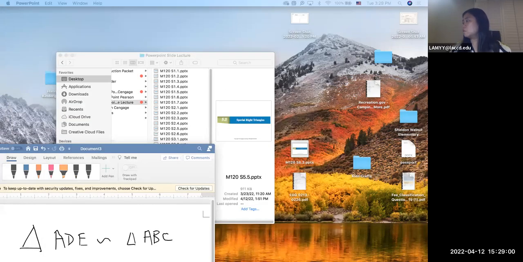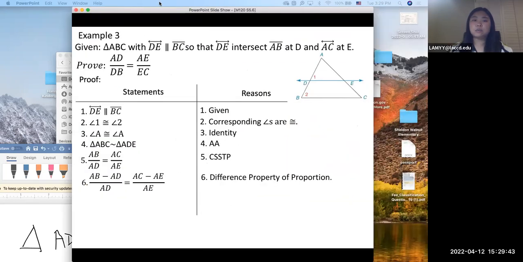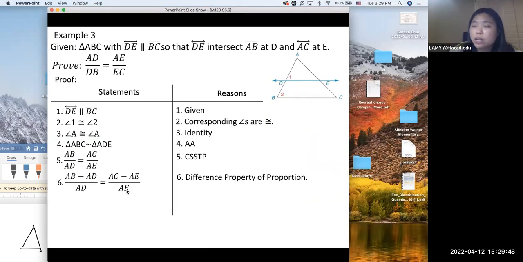I guess that's a typo here. It should be AC minus AE over AE, right?